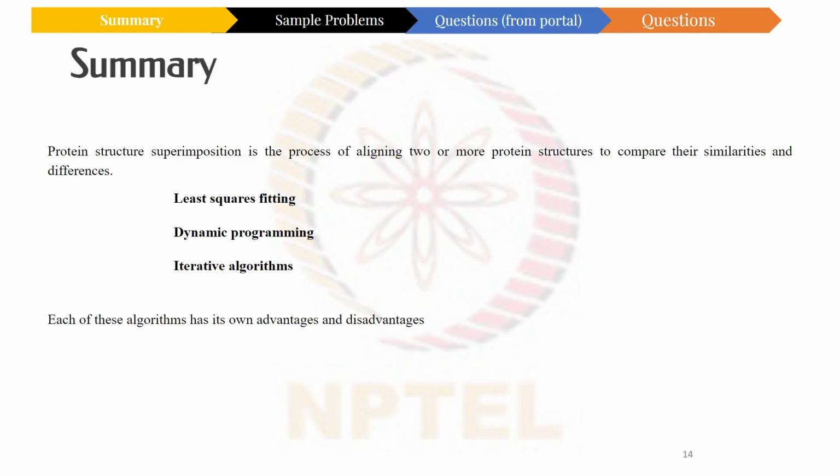So first is least square fitting. In this method, imagine you have two protein structures and you want to see how similar they are. This least square fitting method aligns these structures by finding the best possible match for their C alpha atoms. This is done by minimizing the overall distance between the corresponding C alpha atoms in both structures, overlapping them such that the C alpha atoms fall within the vicinity of other C alpha atoms.